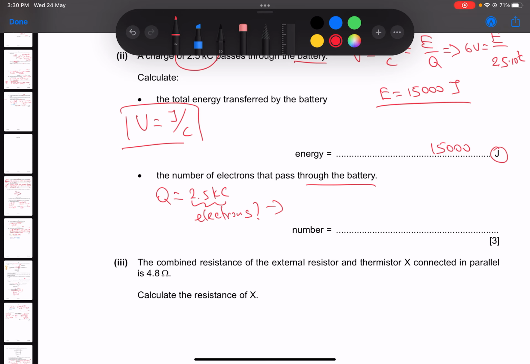Basically, what is this coulomb, guys? Coulomb is the measurement unit given to electrons in a pack, many of them together. In 1 coulomb there are 6.24 times 10 to the power of 18 electrons.